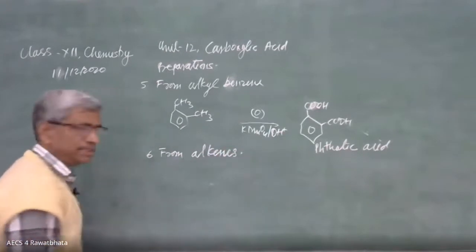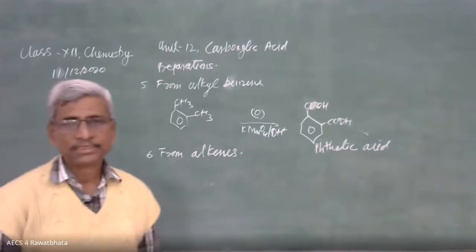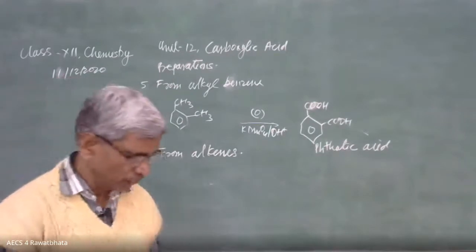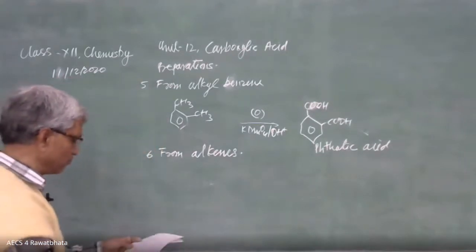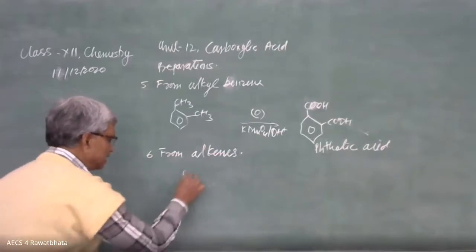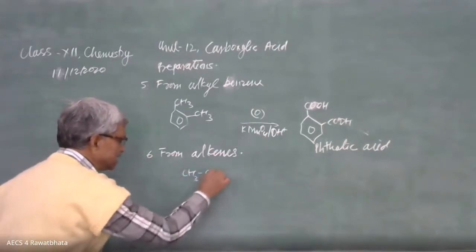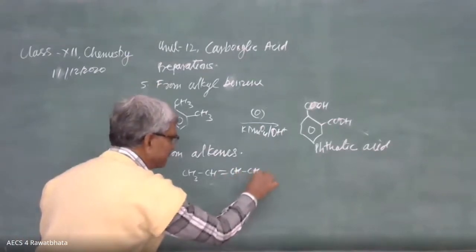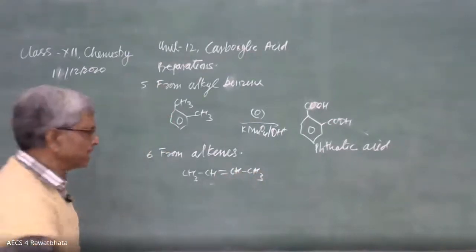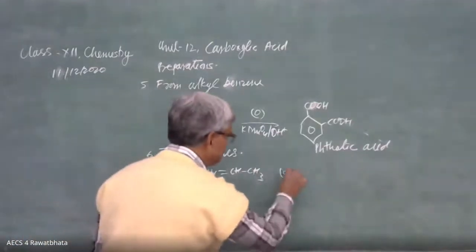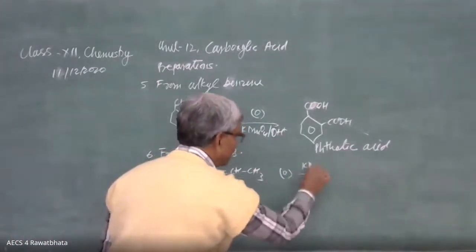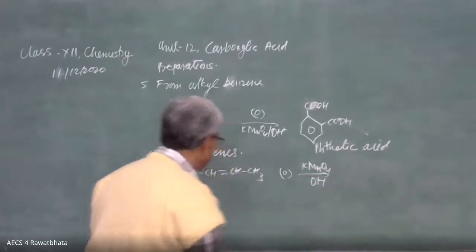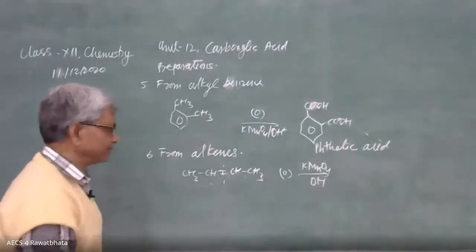This reaction you have studied in 11th class, properties of alkenes, oxidation by KMnO4. Here oxidation by KMnO4 in basic medium, like this, CH3, CH double bond CH, CH3. If it is this type of compound, going to oxidize by KMnO4 in basic medium, then this bond is broken.